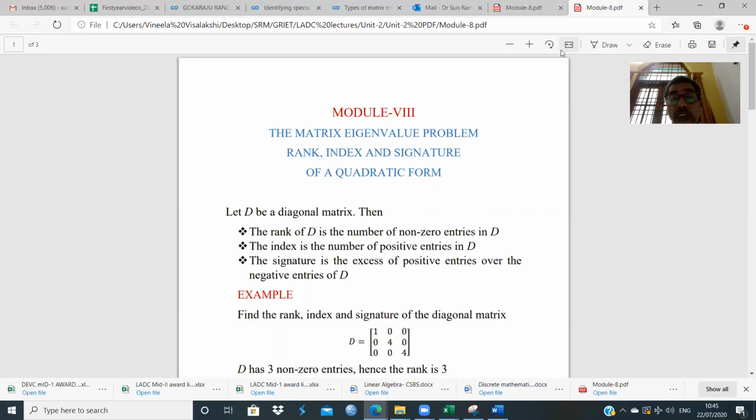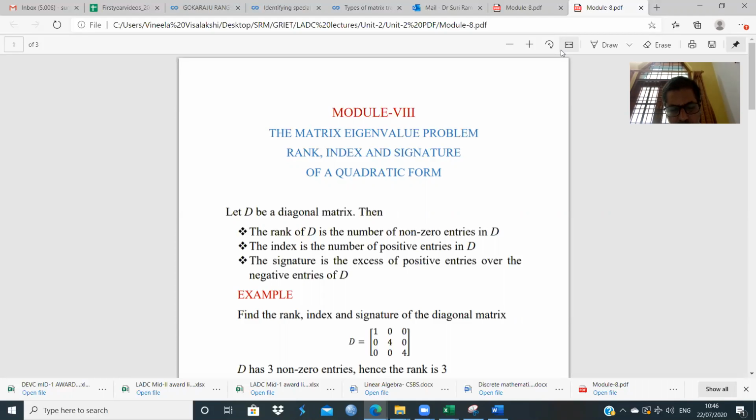Signature is the excess of positive entries over the negative entries of D. Suppose D has 4 positives and 2 negatives, then 4 minus 2 becomes the signature of D. Similarly, if there are 3 positives and 7 negatives in D, then 3 minus 7, or minus 4, becomes the signature.